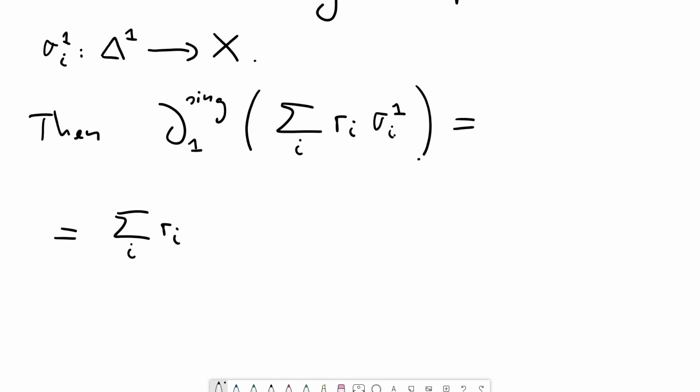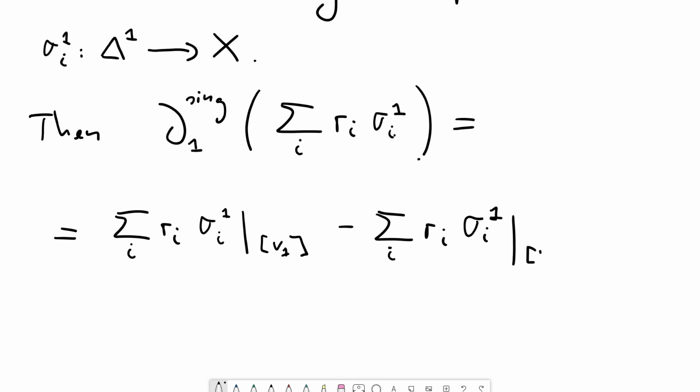So that gives me the plus sign. So this should be here, sigma i1 restricted to v1. And on the other hand, I have now with a minus sign the sum over i of r_i sigma i1 restricted to the zero simplex I obtain by omitting the first vertex.